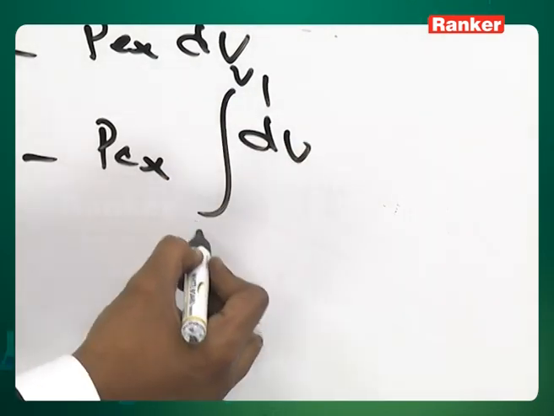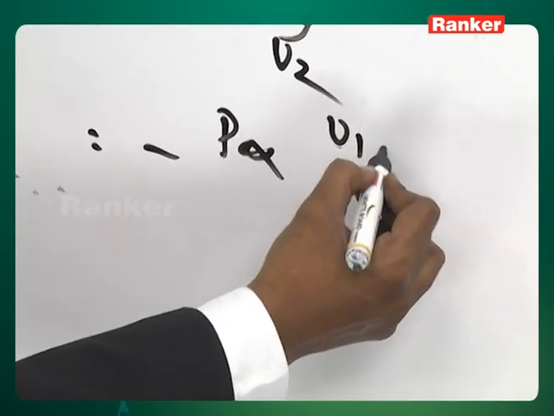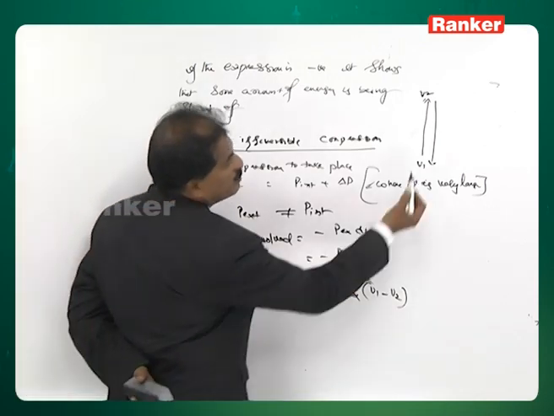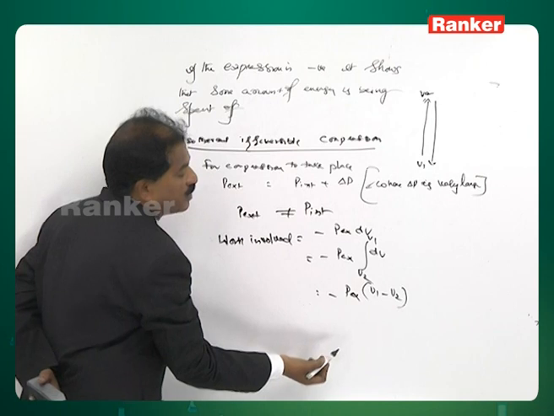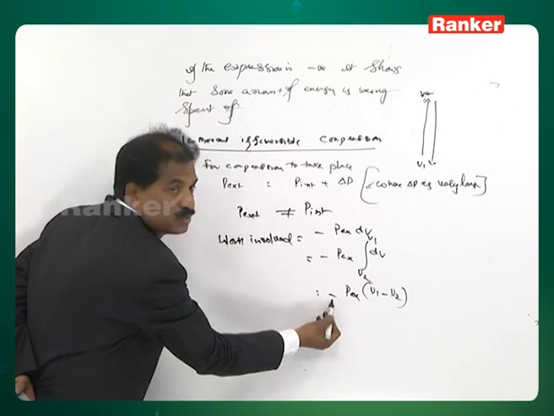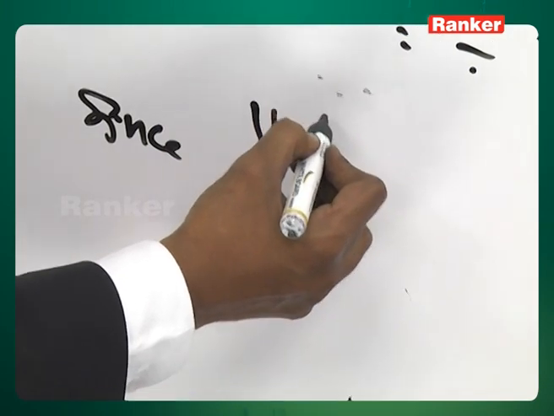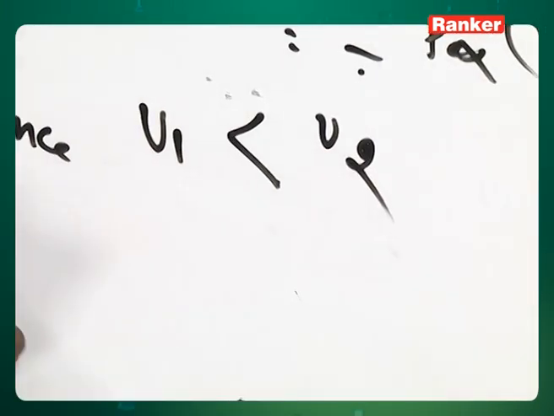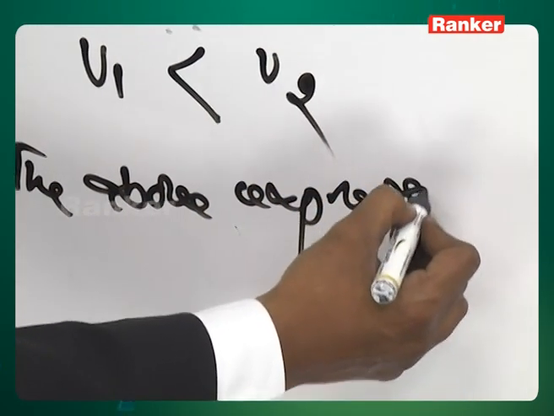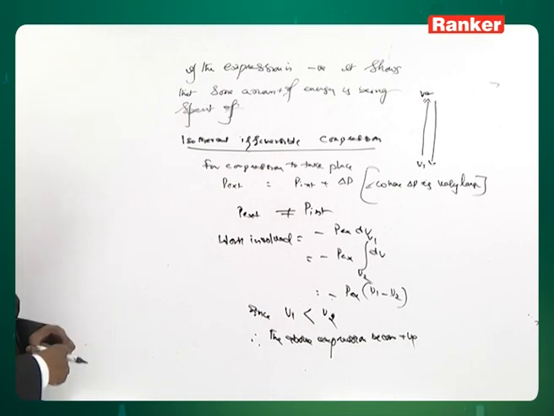Here final volume is V1, initial volume is V2. Therefore, minus P external V1 minus V2. Here the magnitude of V2 is more and V1 is less, so this is a negative quantity. Negative into negative becomes positive. Since V1 is less than V2, the above expression becomes positive.